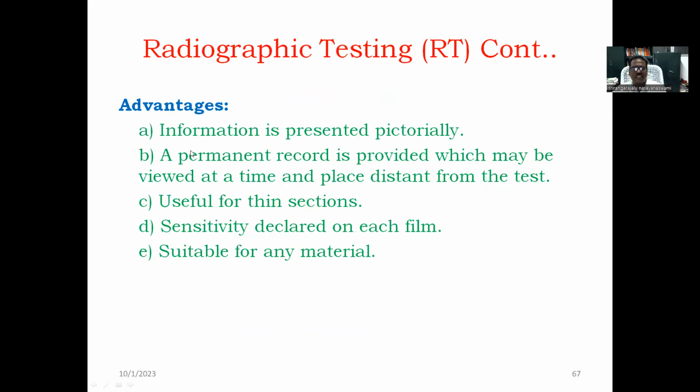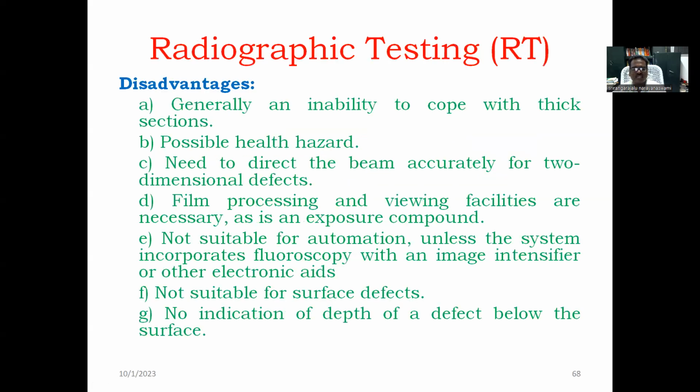So, advantages: information is presented pictorially, a permanent record is provided which may be viewed at a time and place distant from the test, useful for thin sections, sensitivity declared on each film, suitable for any material, ferrous, non-ferrous, ceramic, plastic, whatever it may be.